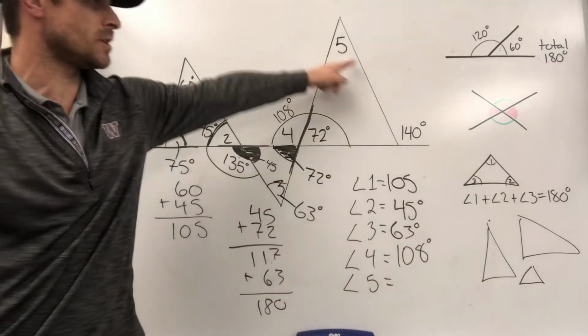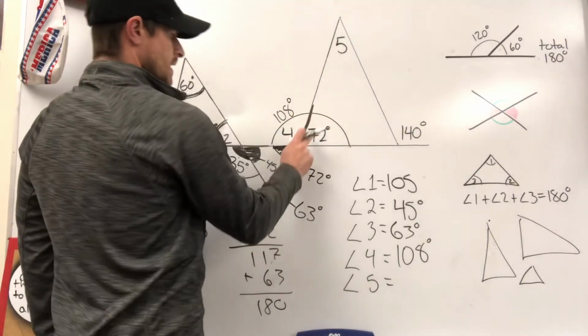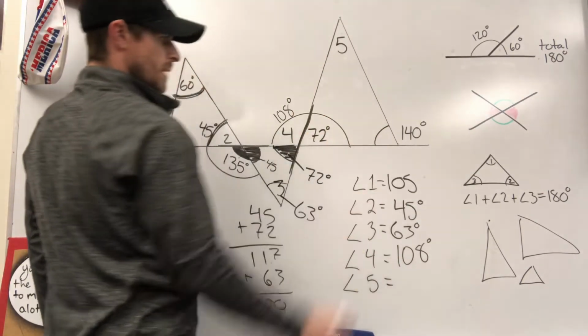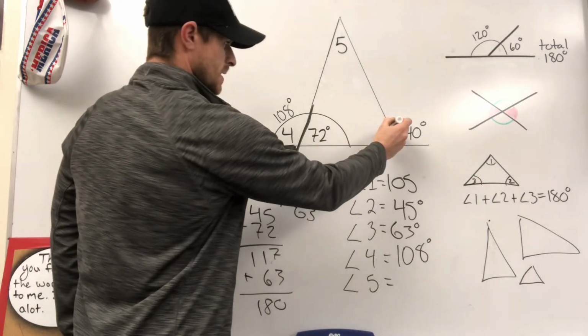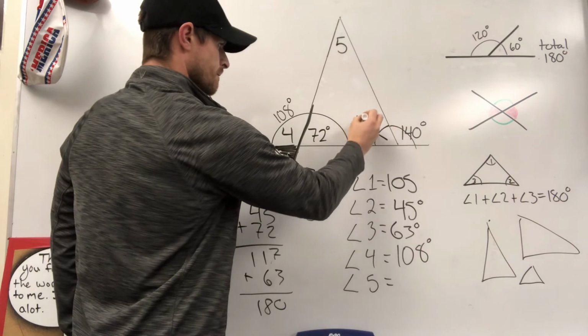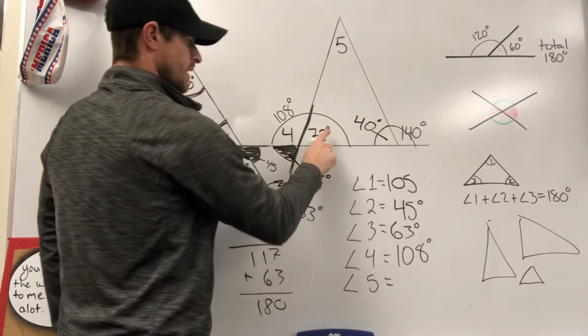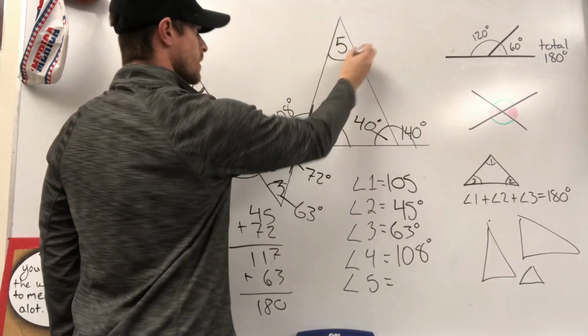Angle 5, I'm going to use triangle sum theorem here to find angle 5. I've got 72 degrees, I've got an unknown amount, but I know that this angle is supplementary to that angle, so 140 plus another 40 makes 180 total. Now I've got 72, 40, and something we don't know yet.